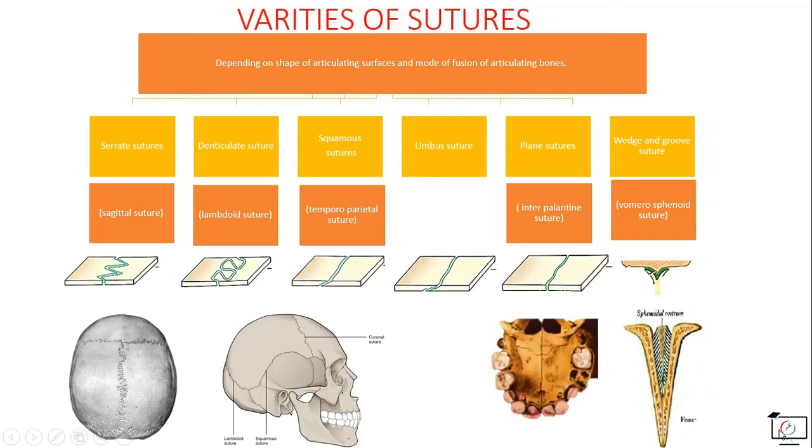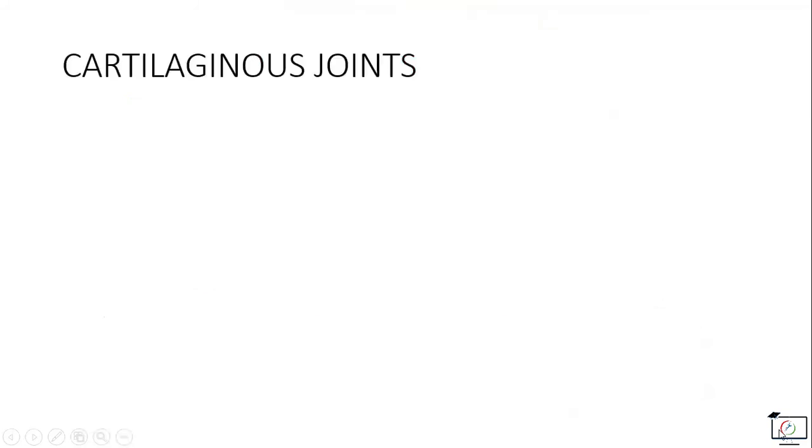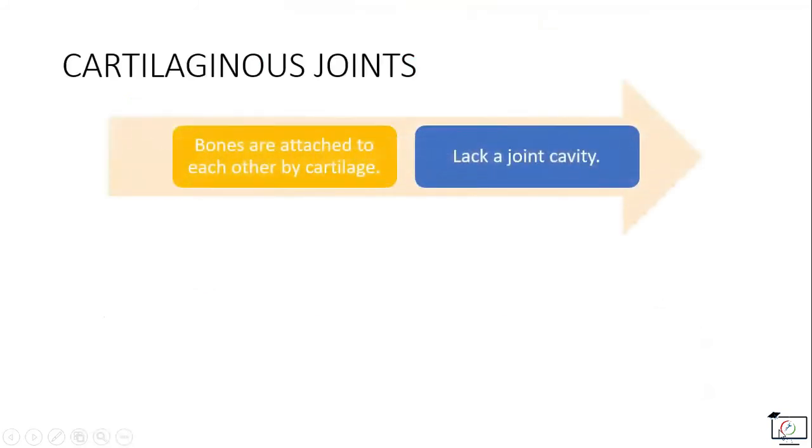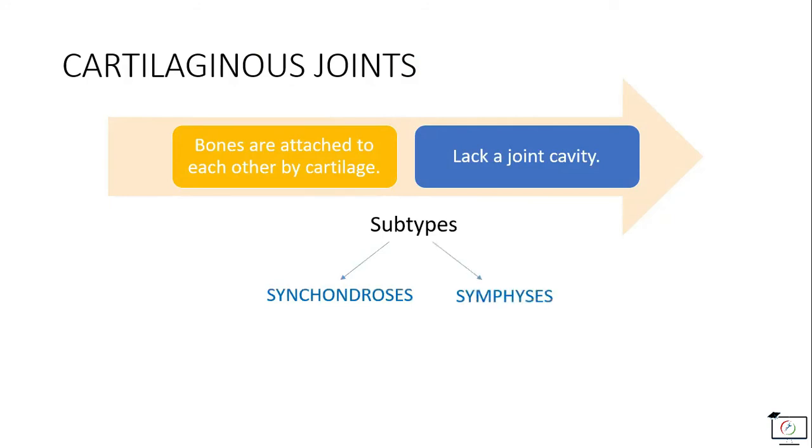The second type, the cartilaginous joints, are attached to each other by cartilage, and they also lack a joint cavity. They have two subtypes, synchondrosis and symphysis. Synchondroses are synarthroses, or immobile.